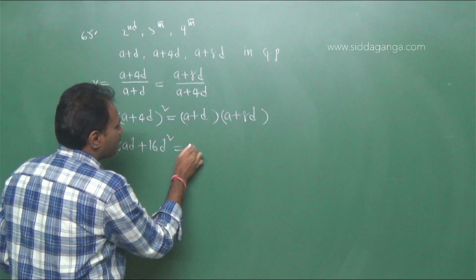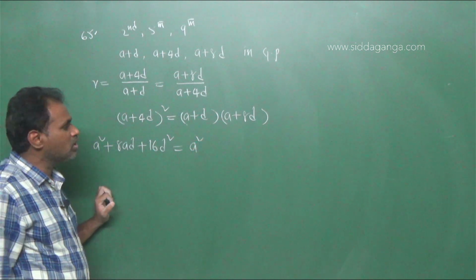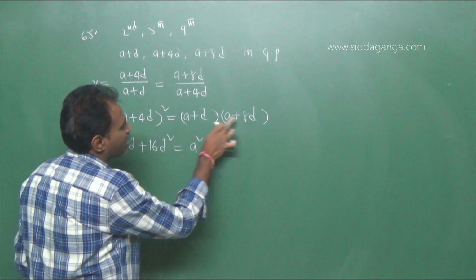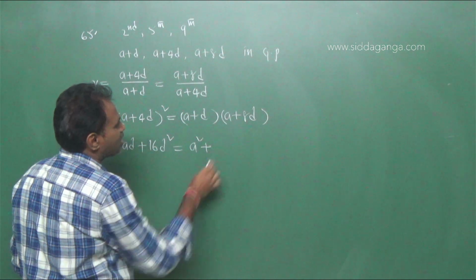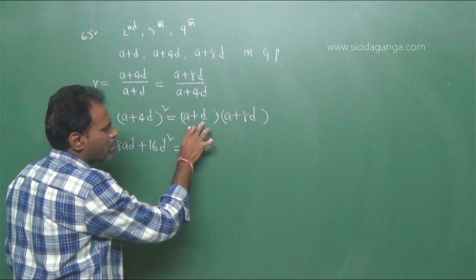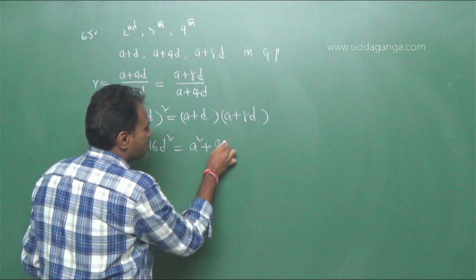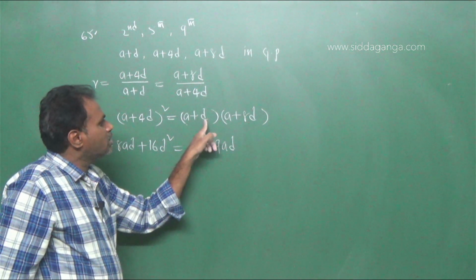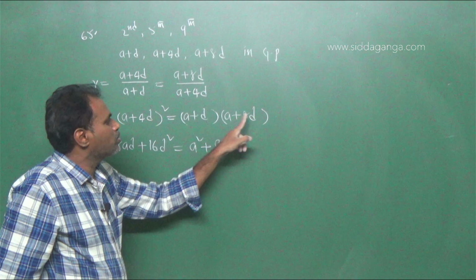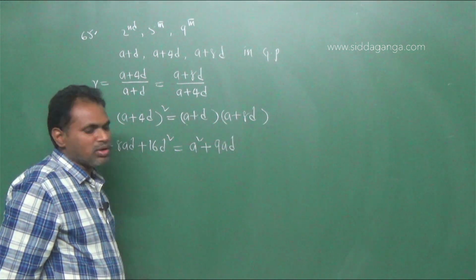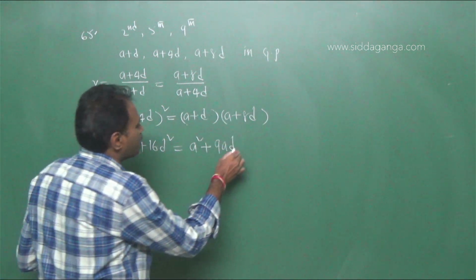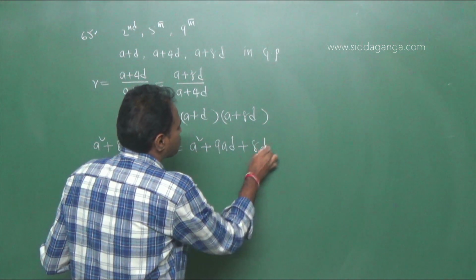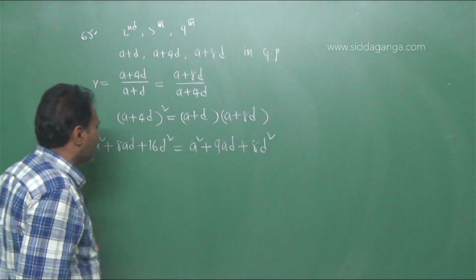It is equal to a into a square, next a into 8d, that is 8ad, and d into a, that is ad. Therefore 8ad plus one more ad, that is 9ad, plus 8d square, since d into 8d is 8d square.